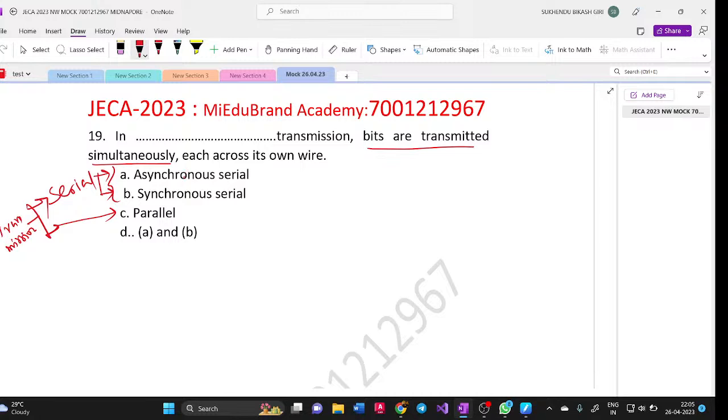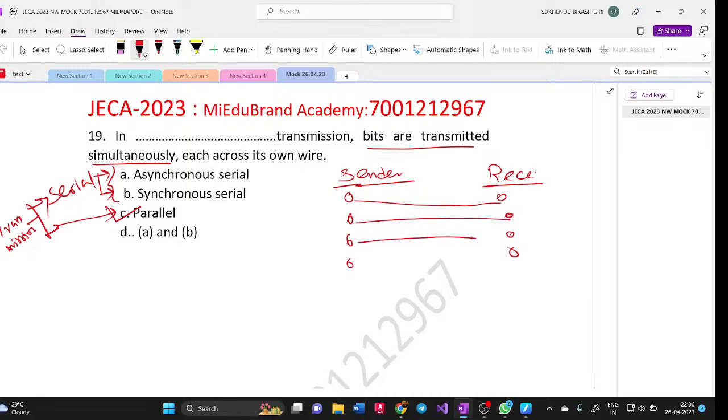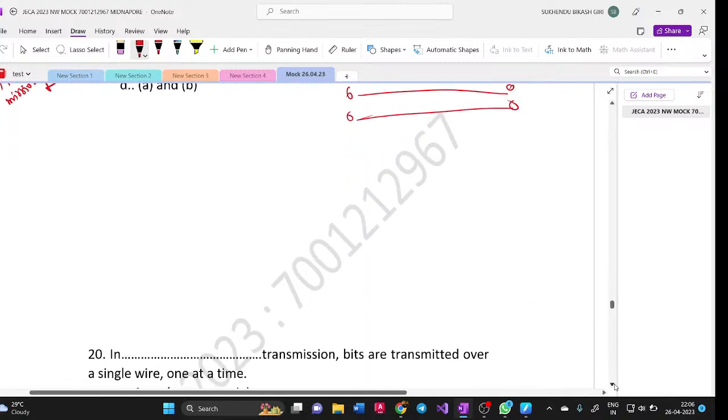Yeah, the right answer is option C. That means if you have 4 ports in the sender section and 4 ports in the receiver section, then each port sends the data independently and simultaneously. If the data is sent one by one, then it comes to serial transmission. Concept clear to all? Next.